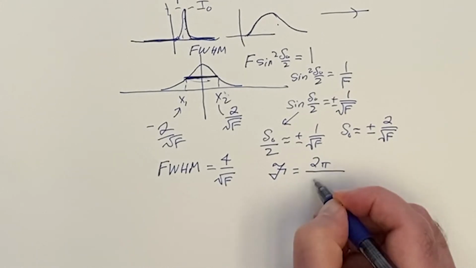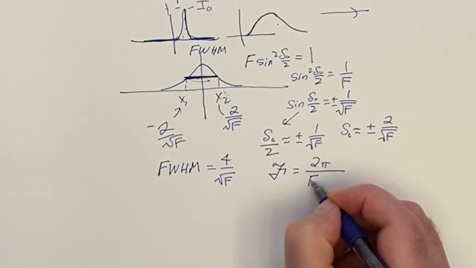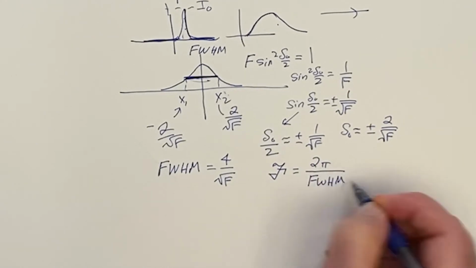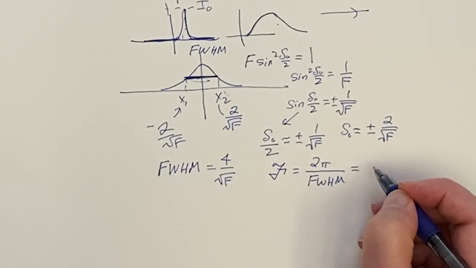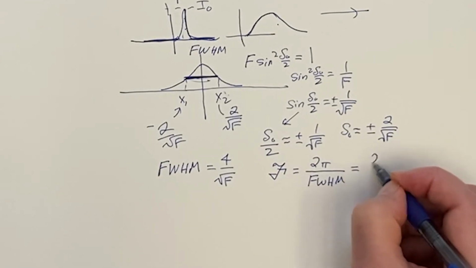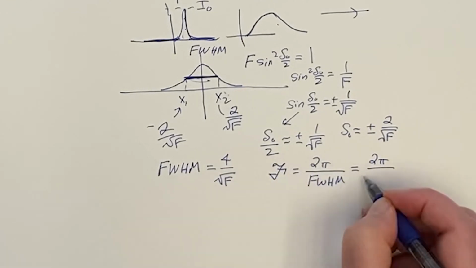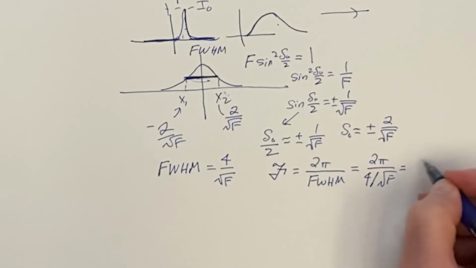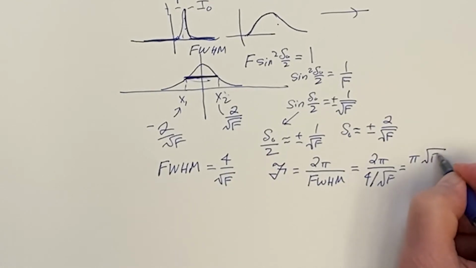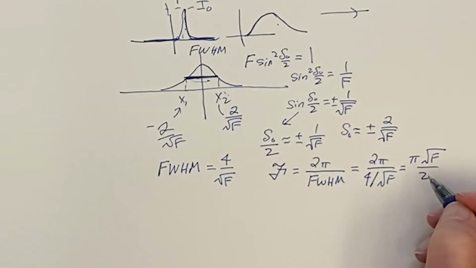We're not going to be using this really, but I just wanted to introduce this definition. And then if you take this definition, you have then 2 pi over this thing, 4 over the square root of F, and that's then pi square root of F over 2. And that will appear in one of our graphs that I show you.